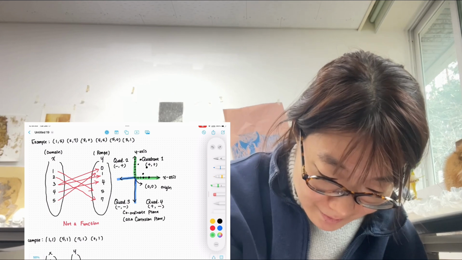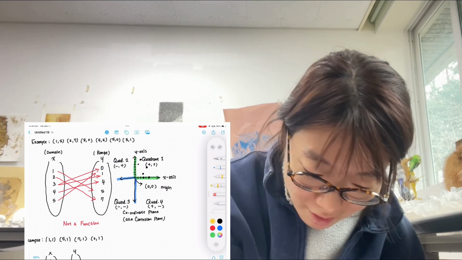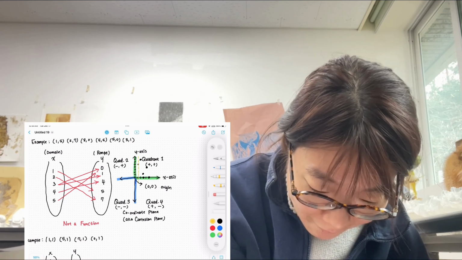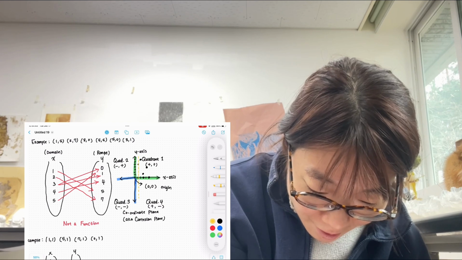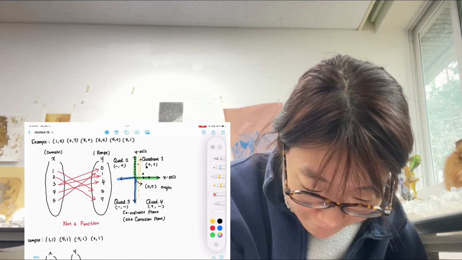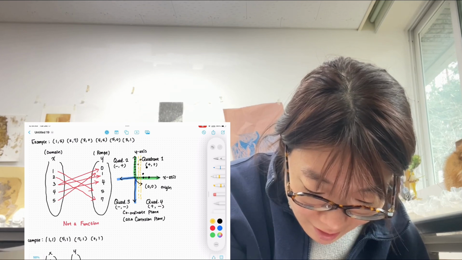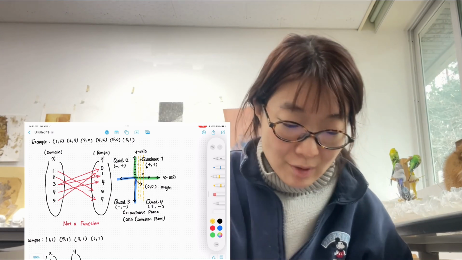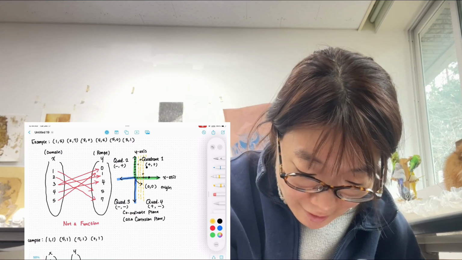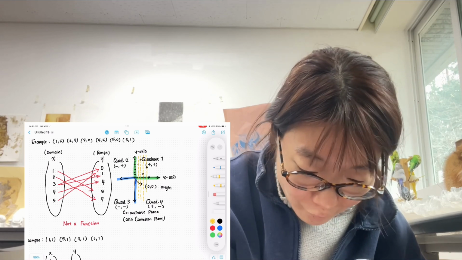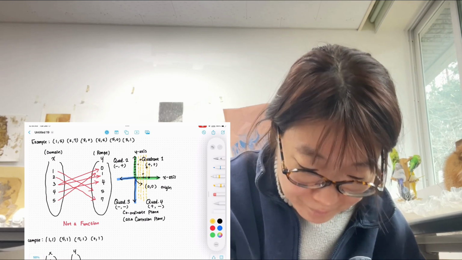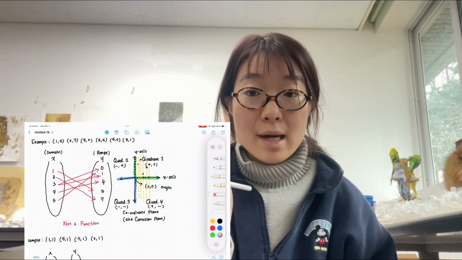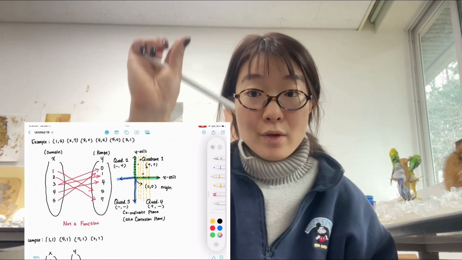I'm going to draw one vertical line through the very first point, (1, 5). I'm going to draw another straight vertical line through (2, 7). And then I'm going to draw a clear straight line through (3, 0) and (3, 1). Another straight line through (4, 4). Another straight line through (5, 0).